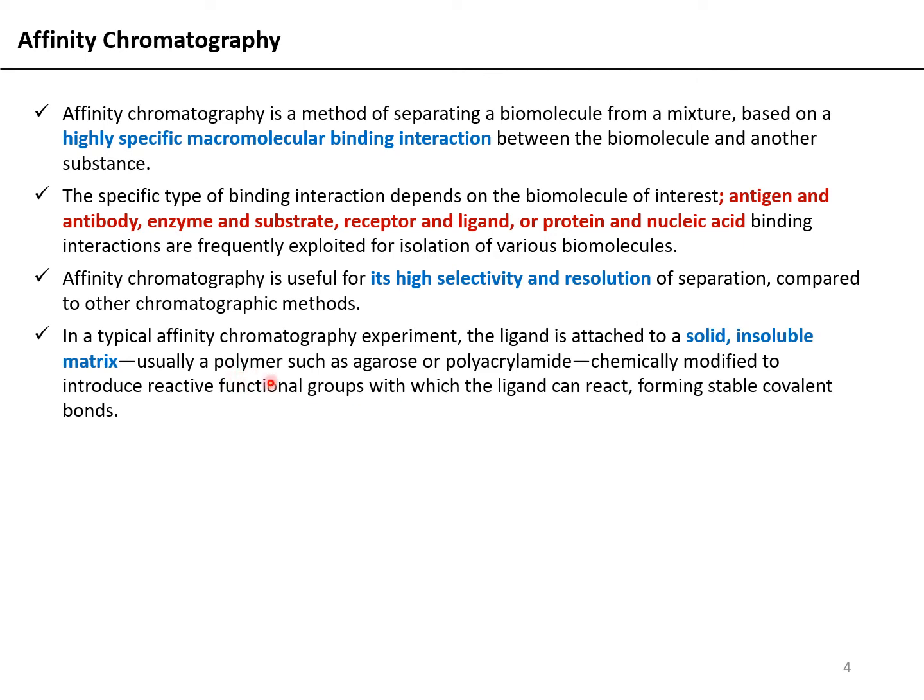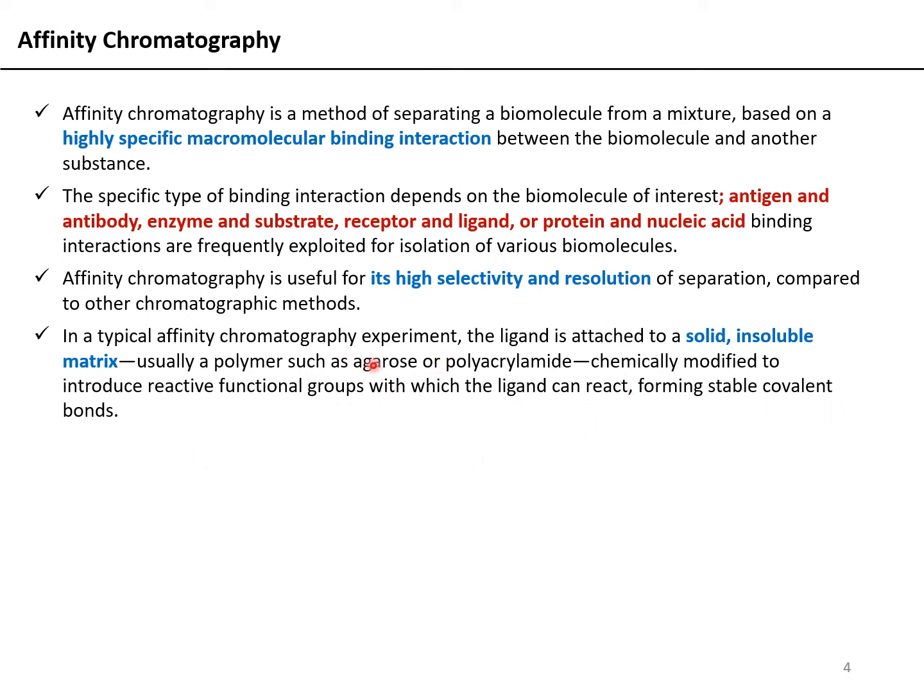So in a typical affinity chromatography experiment, the ligand is attached to a solid insoluble matrix which is by itself inert, usually a polymer such as agarose or polyacrylamide, and chemically modified to introduce reactive functional groups with which the ligand can react, forming stable covalent bonds.